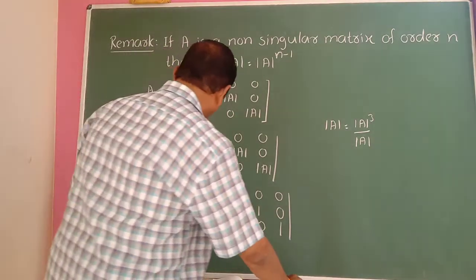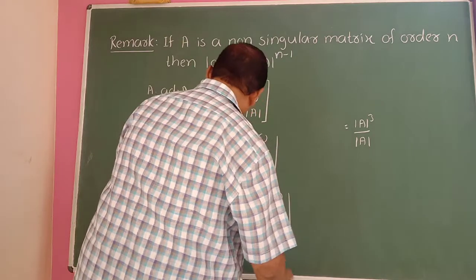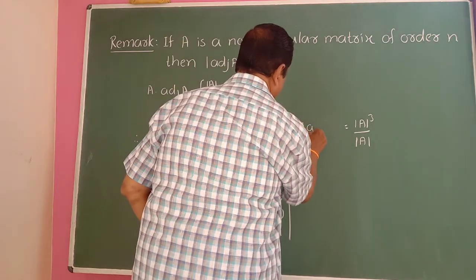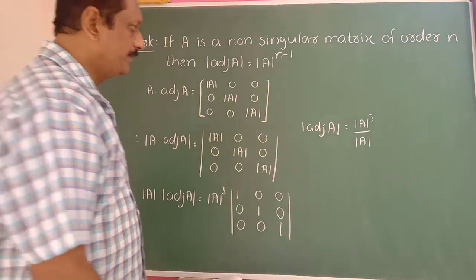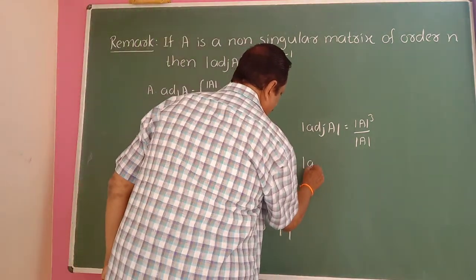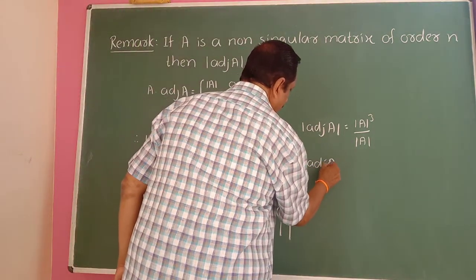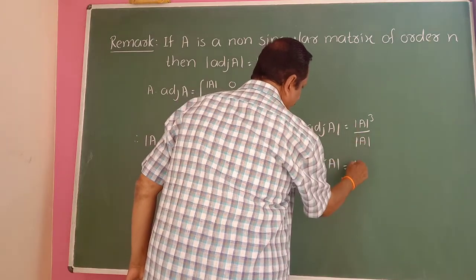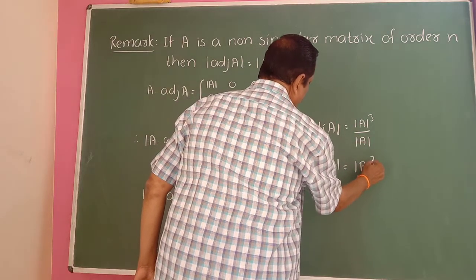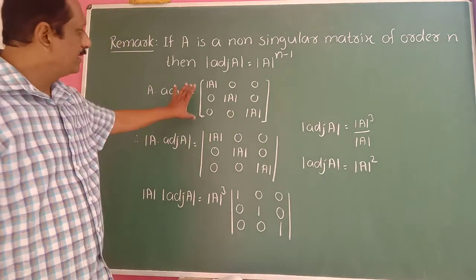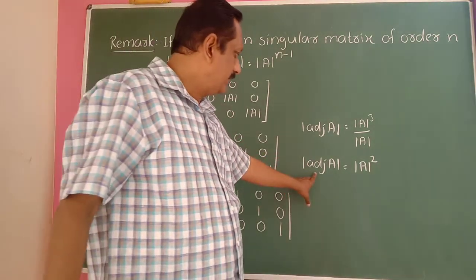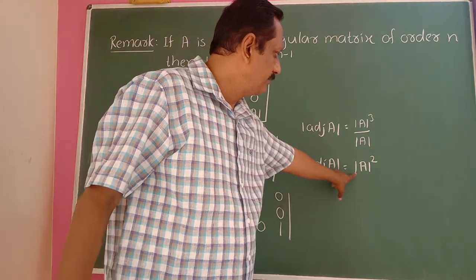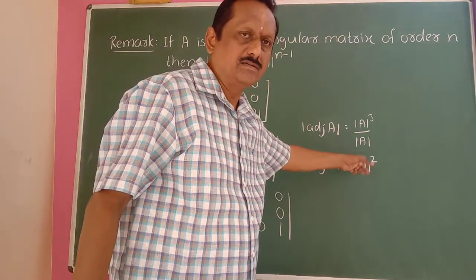Sorry, these are the determinant of adjoint of A. Therefore, determinant of adjoint of A is equal to this upon this, which becomes determinant of A whole square. Here you are taking a matrix of order 3. So we get determinant of adjoint of A is determinant of A whole square.